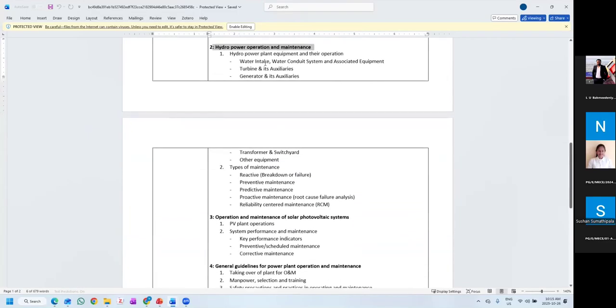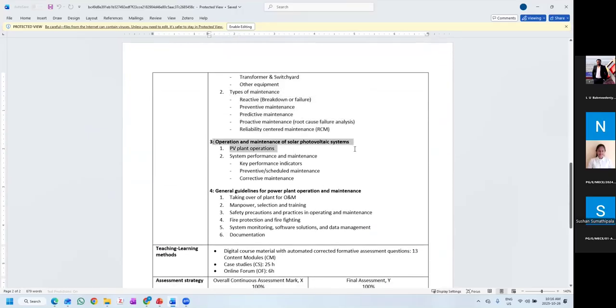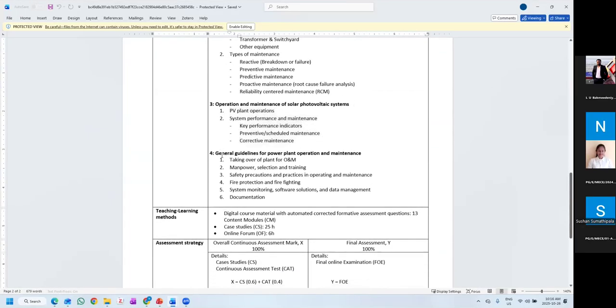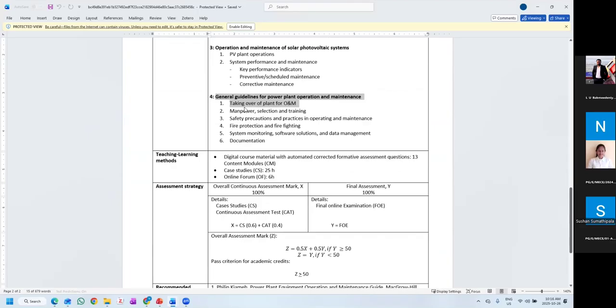In that one, basically we look at the equipment itself before going into types of maintenance and operation and maintenance of solar photovoltaic PV plants and their operate maintenance strategies, and general guidelines of power plant operation and maintenance, taking over plant for O&M, manpower selection and training, and different aspects.